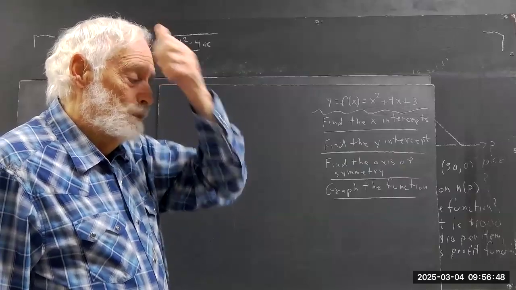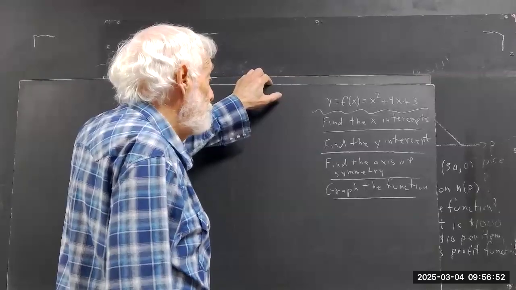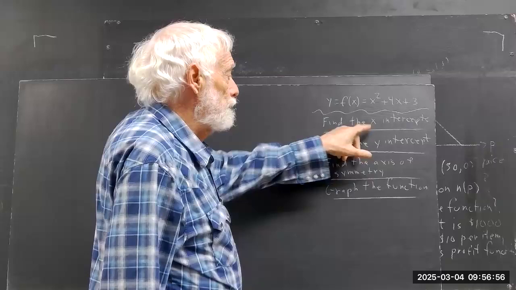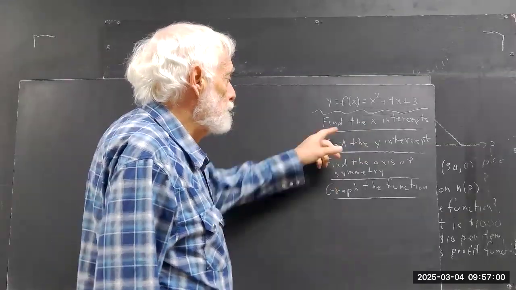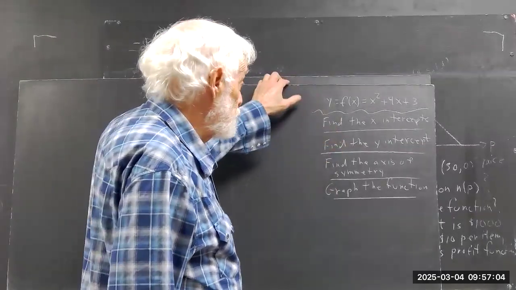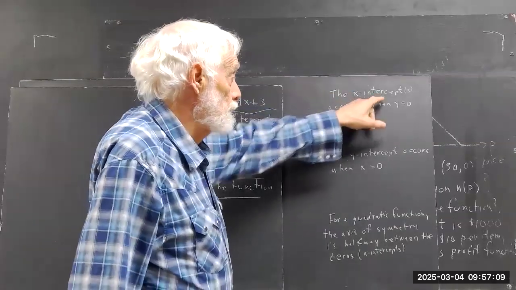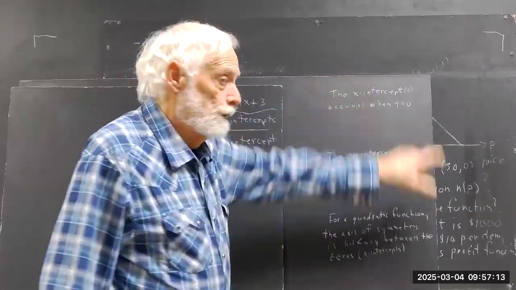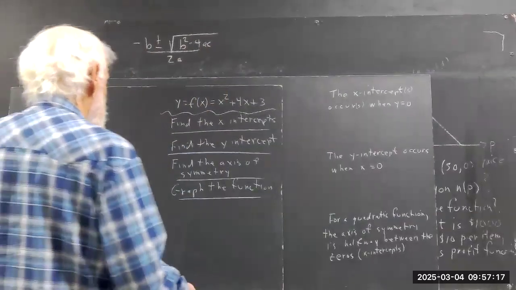With the prompts, first I said find the x-intercepts. The first thing you need to think is that x-intercepts occur when y equals 0. That's what it means, because where is y equals 0?